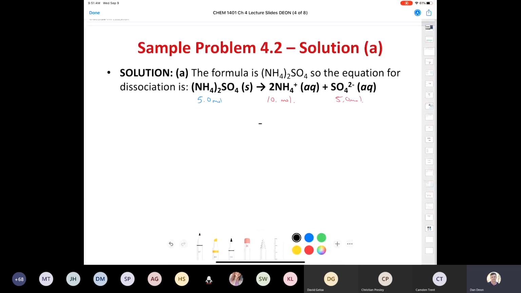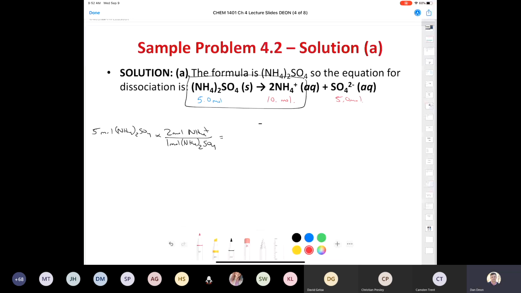Look, if we start with 1 mole, because we have 1 to 2 to 1, those are our coefficients. If I start with 5 moles of ammonium sulfate, from my balanced equation, I know that when I have 1 mole of ammonium sulfate, I have 2 moles of ammonium ions.